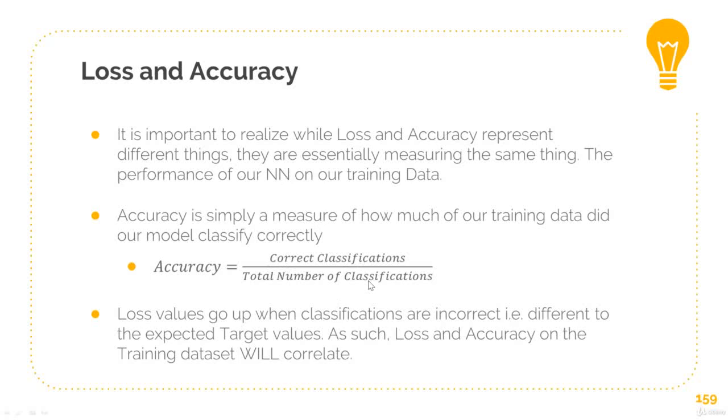So let's say we were predicting whether something was a cat or dog, and we got it right 99 times out of 100. That would be a 99% accuracy. Now, loss values will go up when the classifications are incorrect, that is, different to the expected target values. So as I said before, they are correlated.